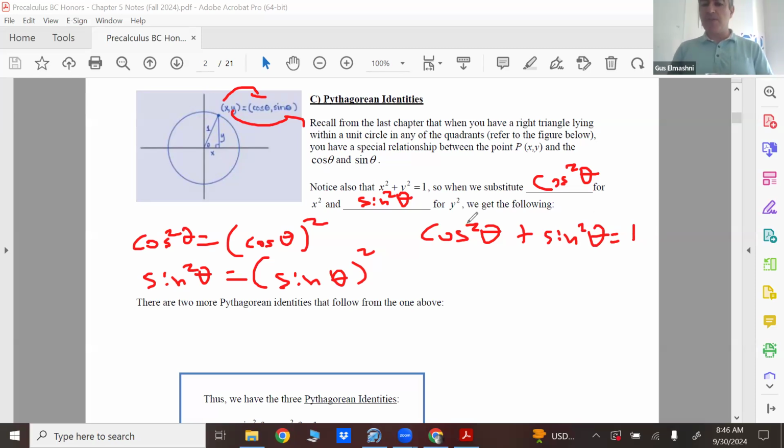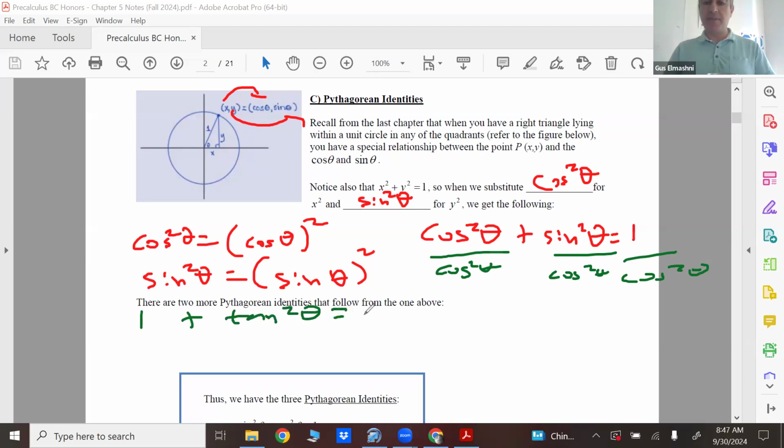Now, there are two other variations of it. How would I get those? Do you guys remember the other variations that involve tangent and cotangent and secant and cosecant? Yeah, totally. I kind of forget these sometimes. What if I divide everything by cosine squared theta? So it's fair treatment, doing it to everything, right? If I do that, what would I get? 1 plus tan squared theta equals what? Perfect. Good.